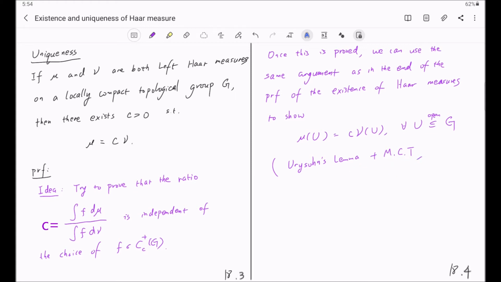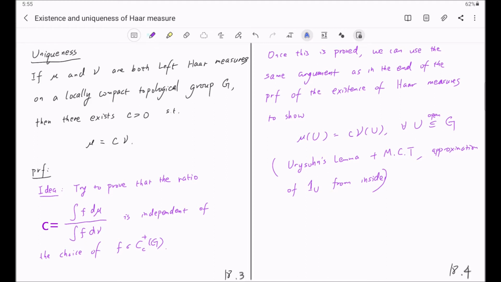If you don't remember, just go back to my previous videos and you will see it. So here's the approximation of the indicator function on U from inside. I believe this is also a common trick in real analysis.